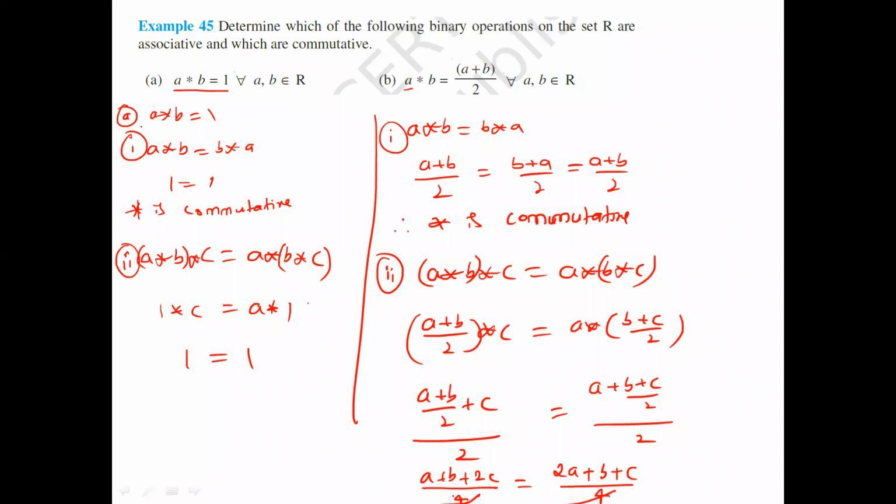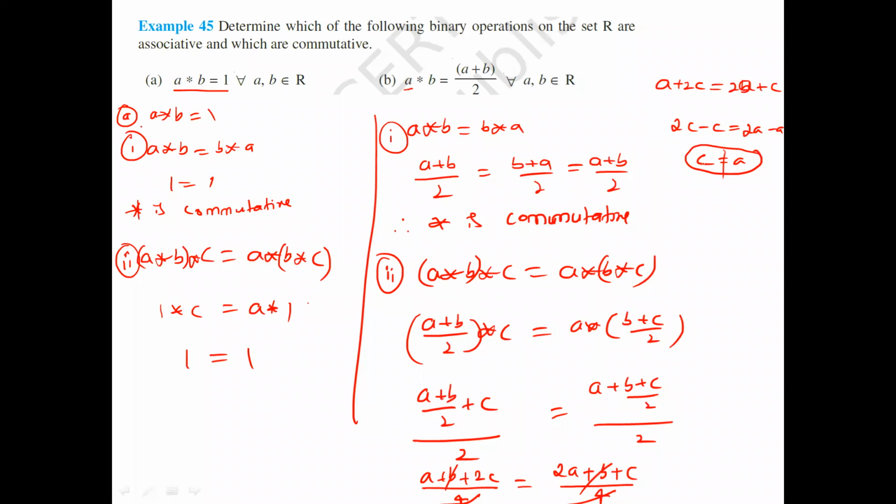The 4 gets cancelled and B gets cancelled. What is the remaining? A plus 2C equals 2A plus C. So C will come, this means 2C minus C, and here 2A minus A. So nothing but C equals A. But C equal to A is not true, they are not equal numbers. So what is the conclusion?